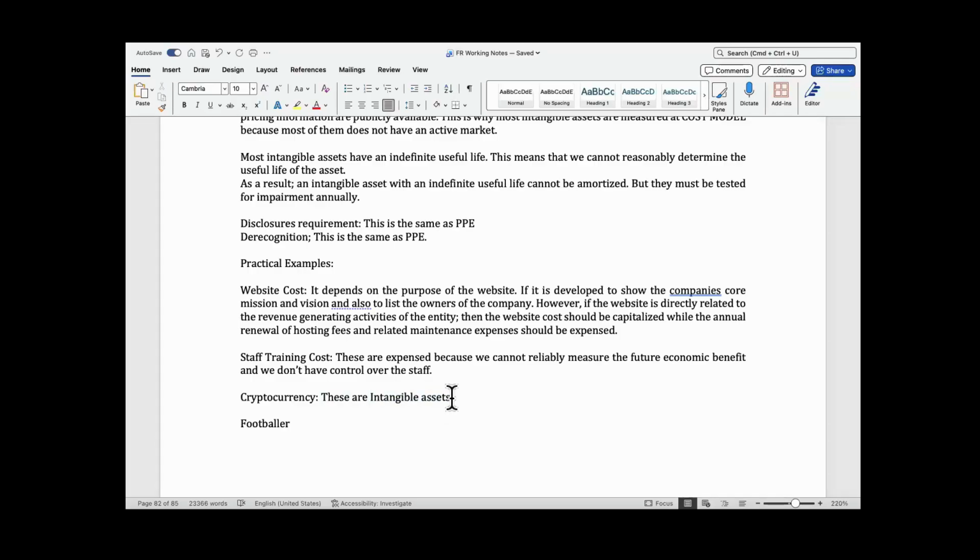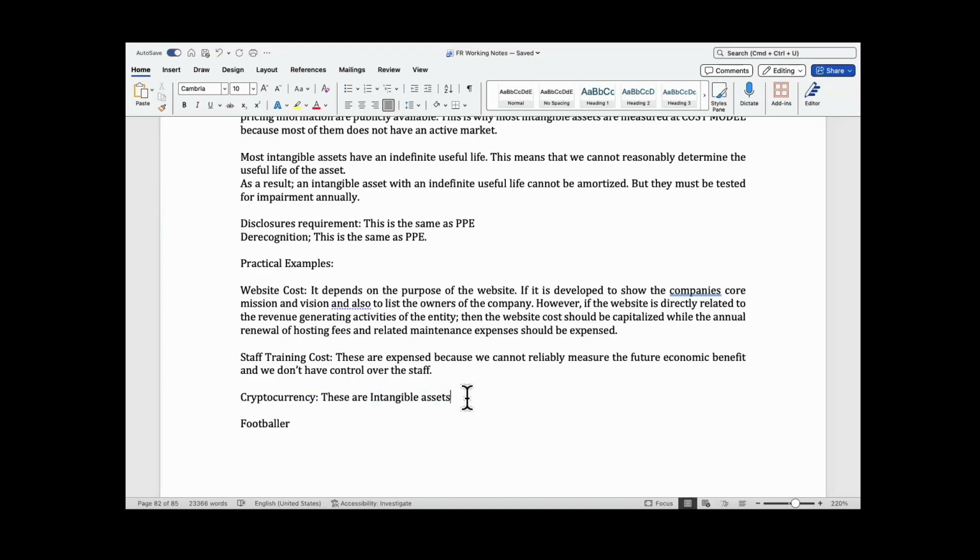We usually categorize them under intangible assets. And though there is no standard for it yet, there was an interpretation by the IFRS Interpretation Committee on how we should classify cryptocurrencies, and that is where I know that they should be classified as an intangible asset.